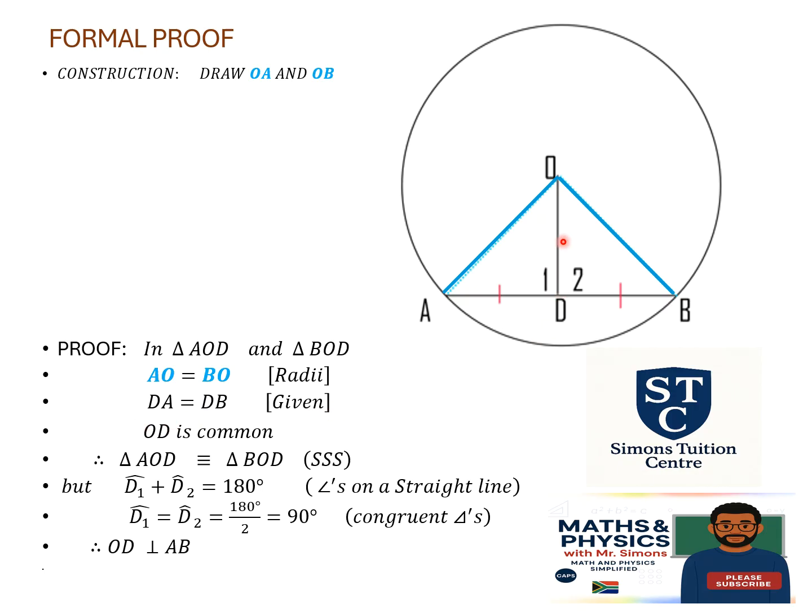Then we have this line in the center, OD, that belongs to both triangles AOD and BOD. So OD is common. Therefore we can now say that triangle AOD is congruent to triangle BOD. My reason: side, side, side.